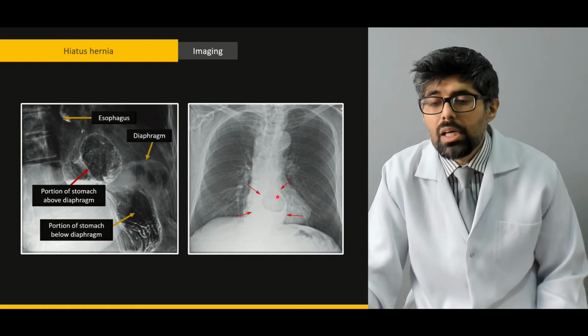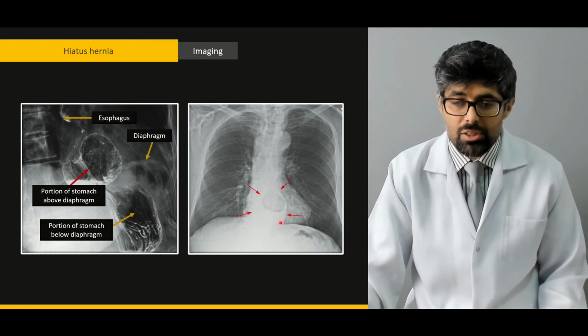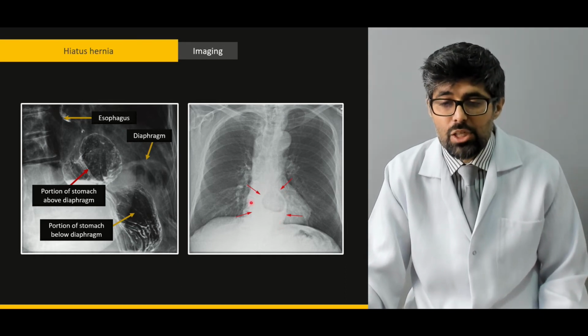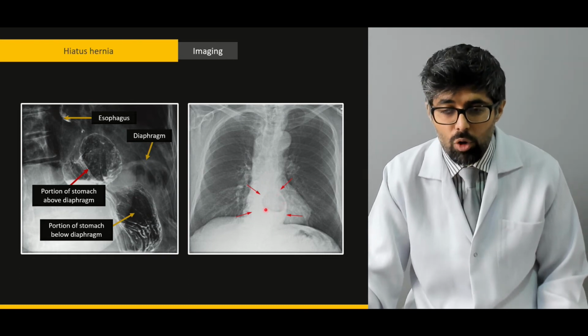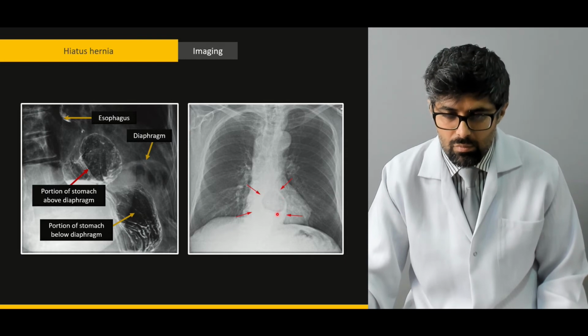Now, hiatal hernia can also be visualized on a chest X-ray, where it is found behind the shadow of the heart in the form of a circular entity.